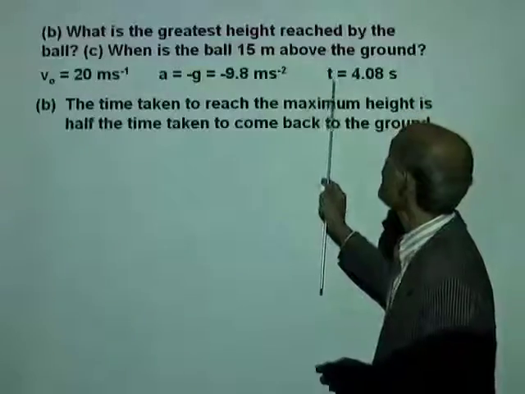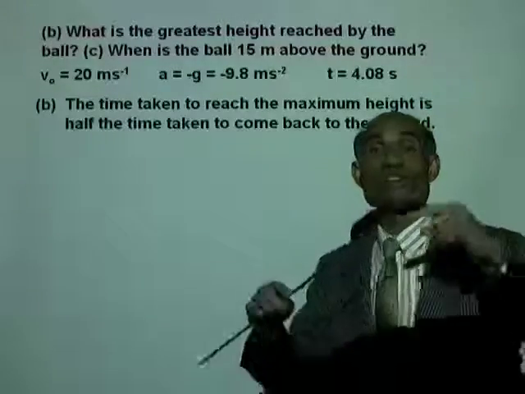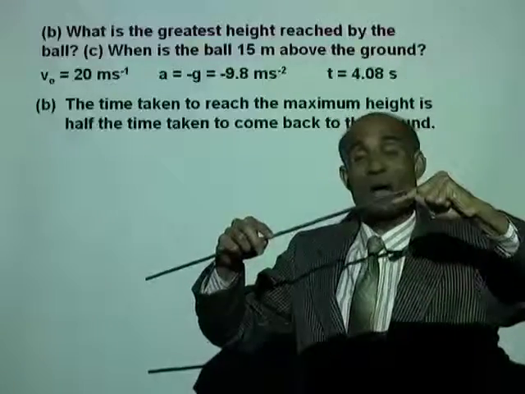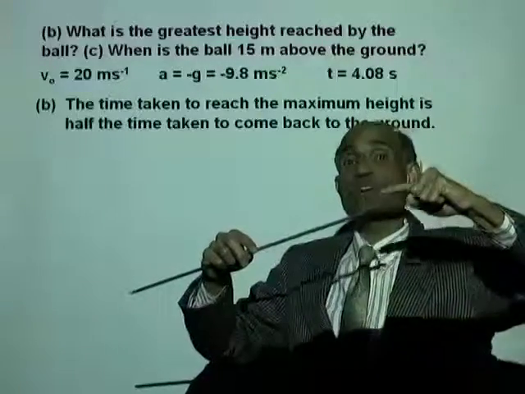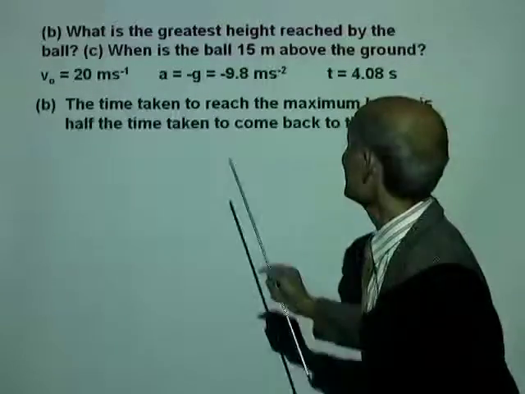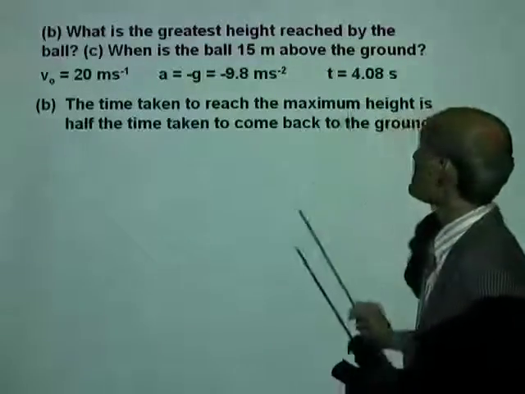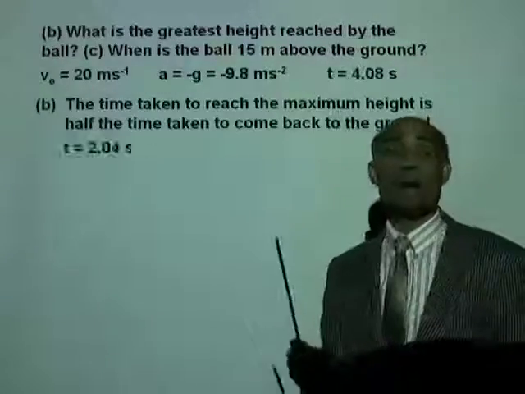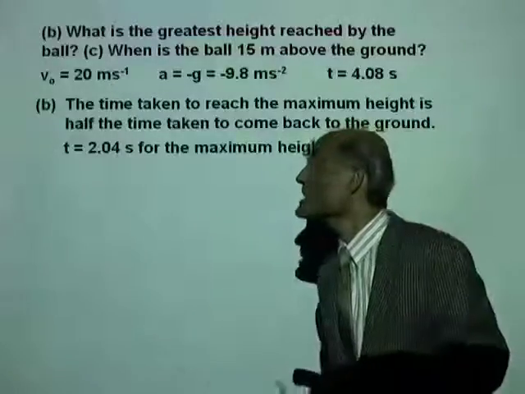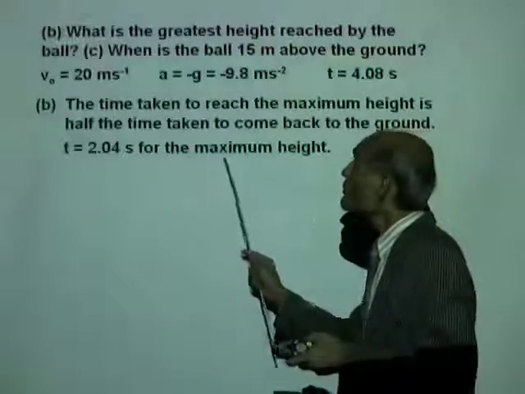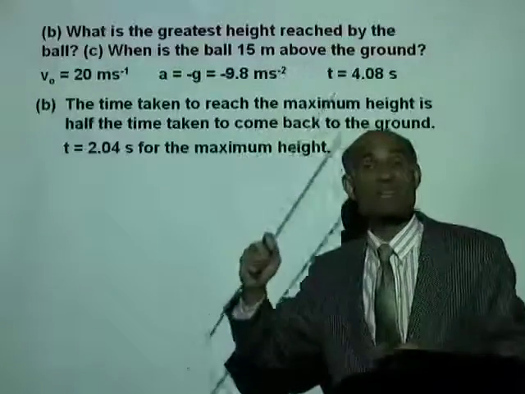If t equal to 4.08 seconds is the time taken to go up and come back, what is the time taken to reach the maximum height? It will be half of that. So the time taken to reach the maximum height is half the time taken to come back. So we have t equal to 2.04 seconds, the time taken to reach the maximum height.